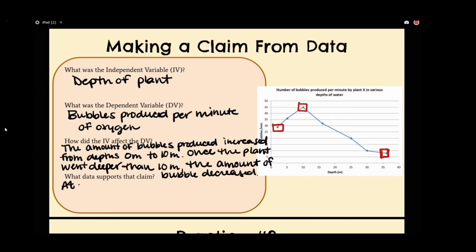at roughly, probably 2 meters, about 28 bubbles were produced a minute.